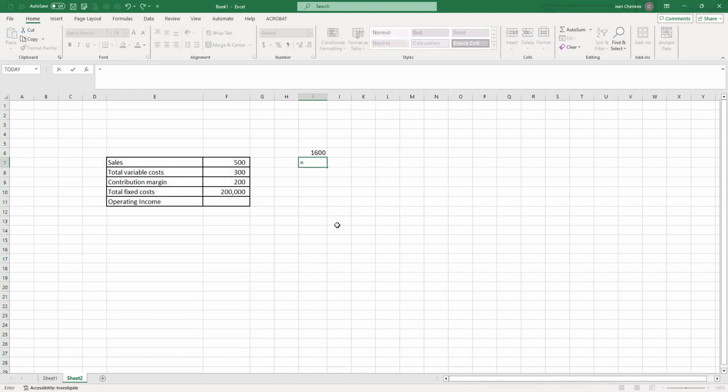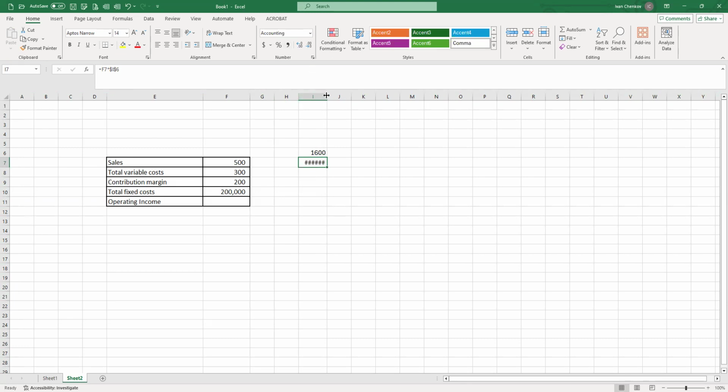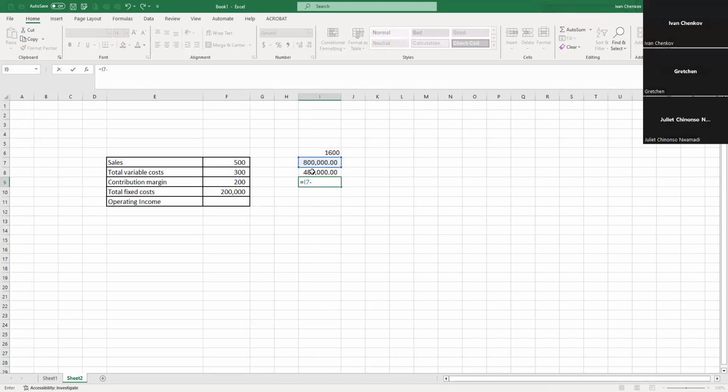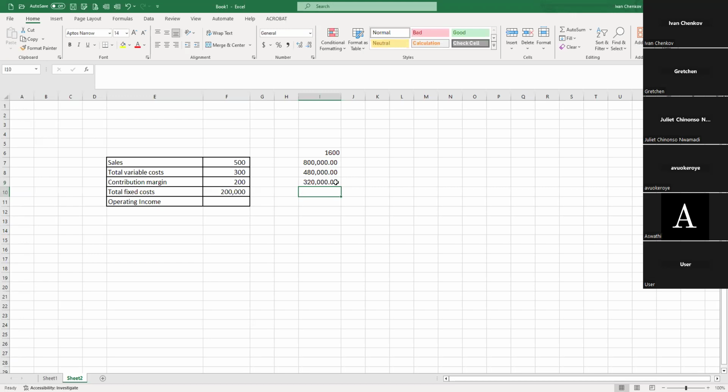Well, obviously, if we sell those units, we're going to have total revenue of sales of $800,000. Our variable cost will be $480,000, and that's going to give us contribution margin of $320,000.